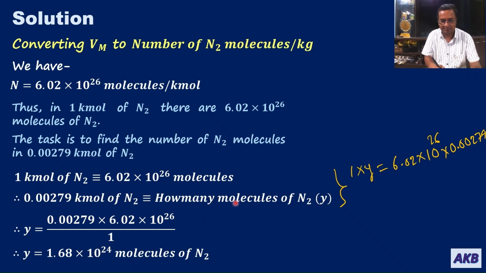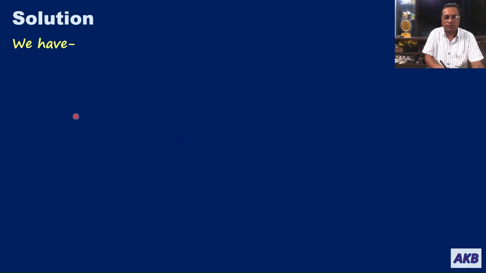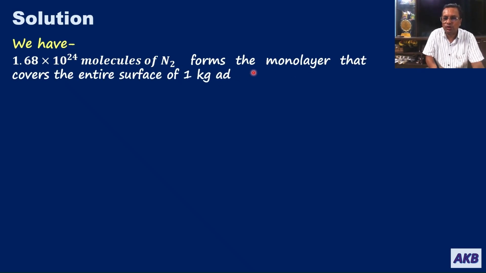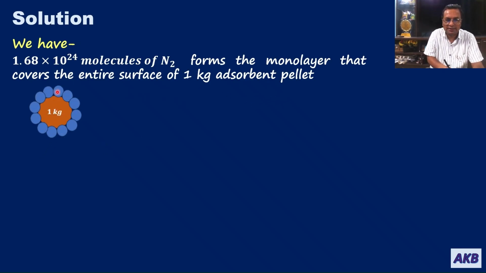Let us move ahead. So we have 1.68 into 10 to the power 24 molecules of N2. And this many molecules form the monolayer, which covers the entire surface of 1 kg of adsorbent pellet. So you have the adsorbent pellet, and over here you can see the surface of the adsorbent is covered by the adsorbed molecules of N2.